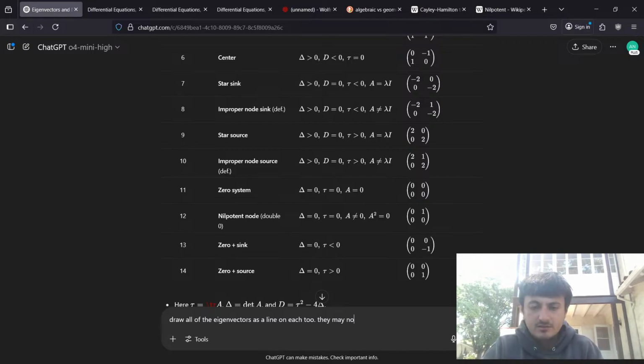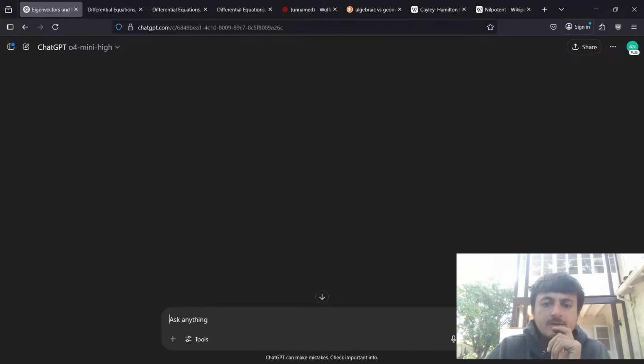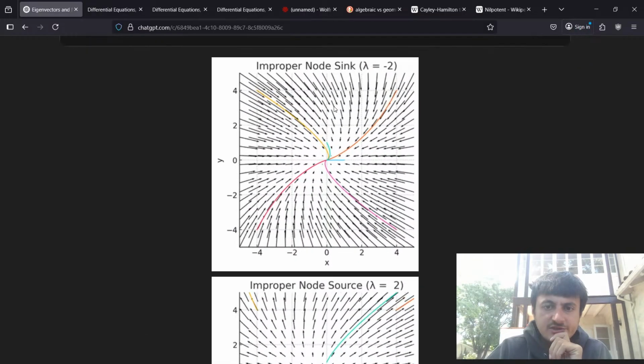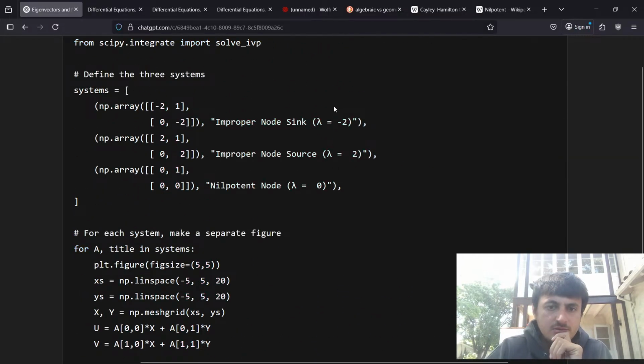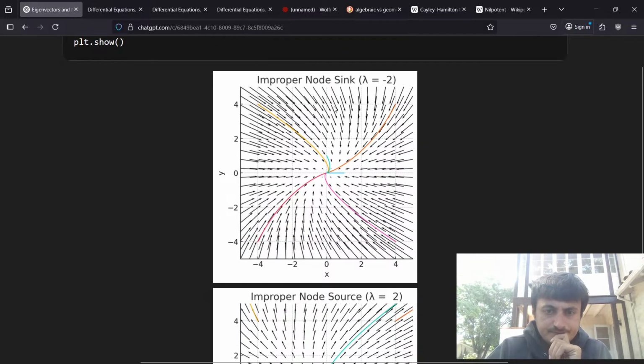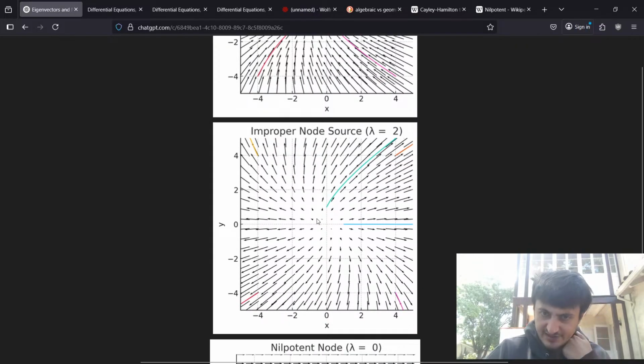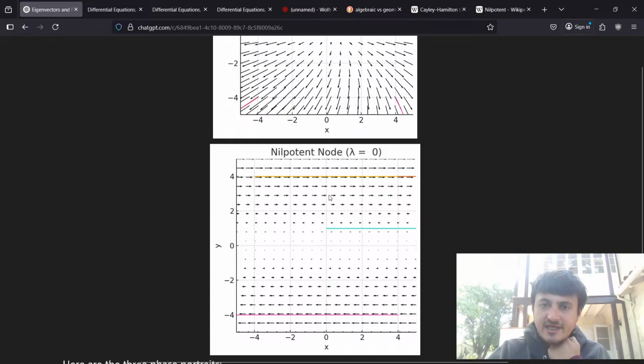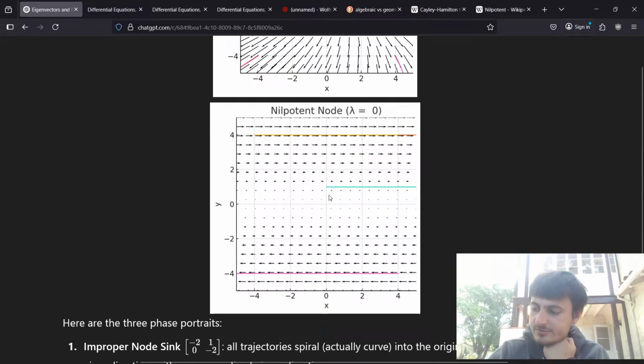Okay, so these are just some trajectories, right? Yeah. So okay. So these cases. Oh yeah, this case, nilpotent node.